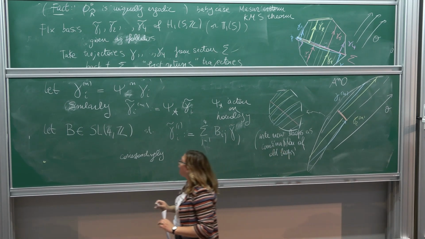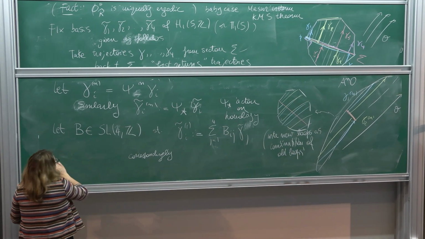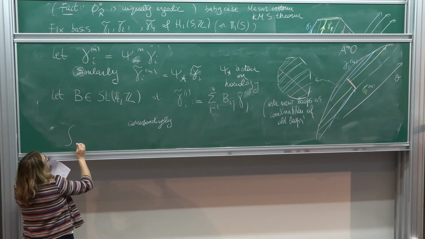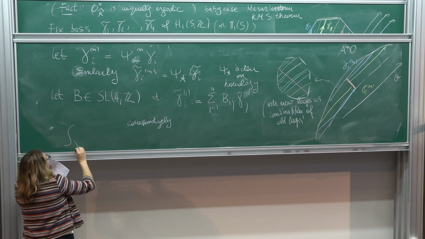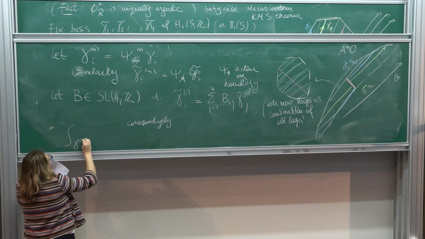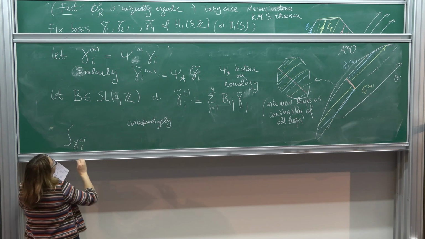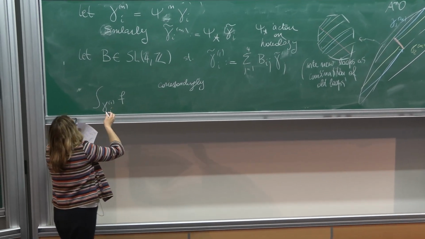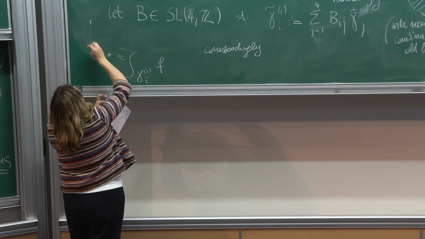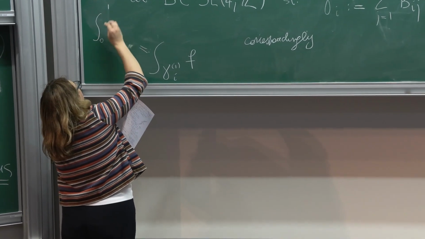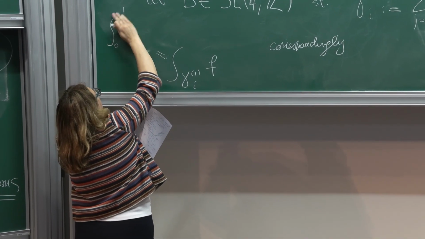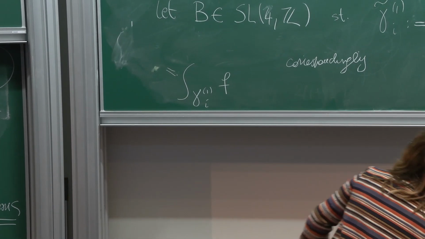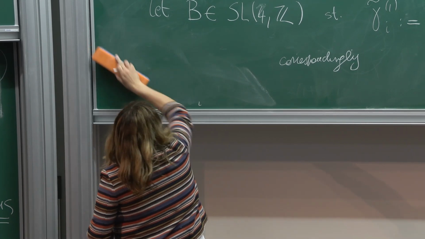So if I look at the integral over the curve gamma 1 i of my function, this is a way to say the integral from 0 to, no, I'm saying it wrong. Okay, no, sorry, I'm going ahead of myself. I'm too fast.